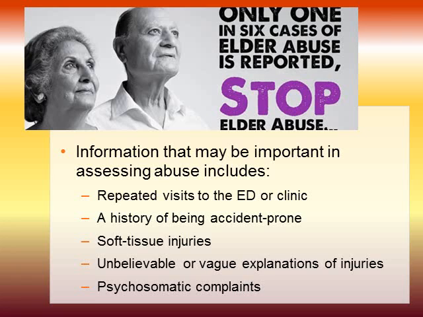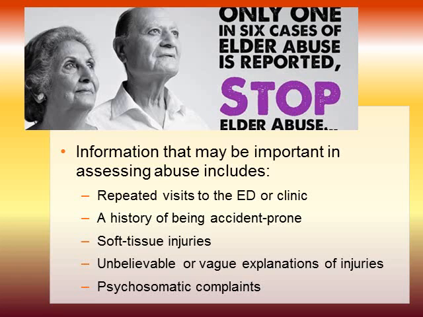It's estimated, and only estimated, that about 1 in 6 cases ever gets reported, if even that many. Information that may help are repeated visits to the emergency department, stories about older folks being accident prone, and soft tissue injuries in various states of repair. Now, this may be complicated by the fact that they may be on anticoagulant medication, which makes them look bruised almost all the time.